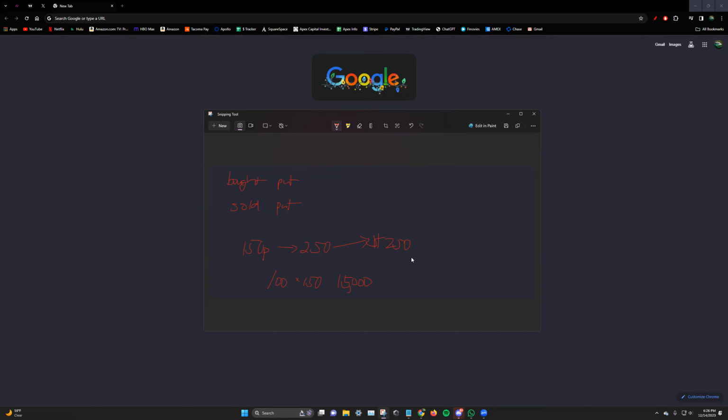So with the sold put, let's say it closes below 150. We close at 149. What happens is you are now assigned 100 shares at $150 per share. So now you're holding 100 shares. When you sell puts on certain stocks, you want to make sure it's a stock that you really want to hold. Just because the premium sounds good doesn't mean it's a stock you want to hold.